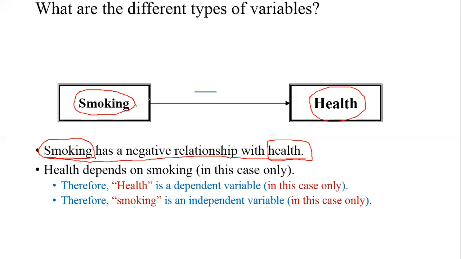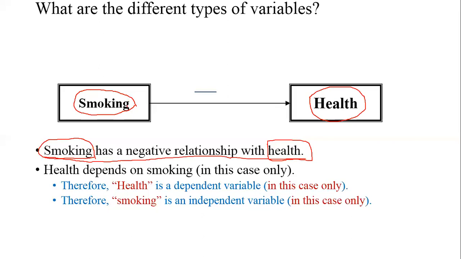Because we are trying to say that smoking has a negative relationship with health, which means health is dependent on smoking. When a variable is dependent on something, we call it a dependent variable, and in this theoretical framework, smoking will be known as the independent variable.